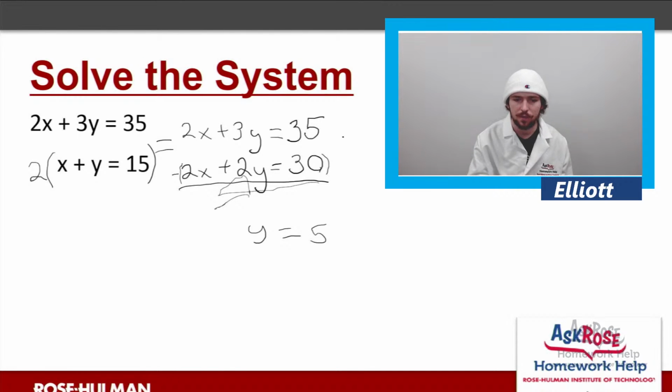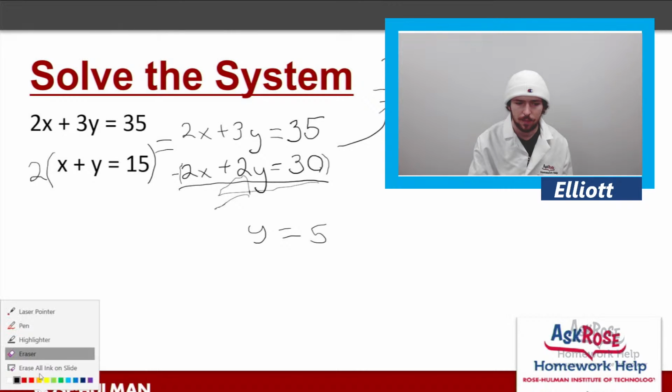And we can take this into each individual step over here, right? 2x minus 2x, that equals 0. 3y minus 2y equals y. And 35 minus 30 equals 5.